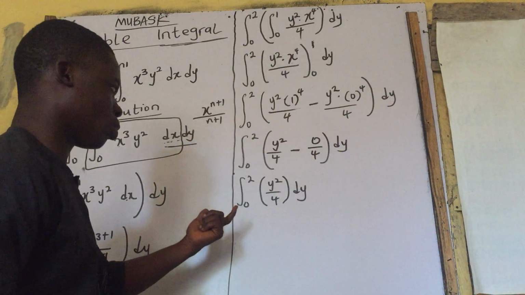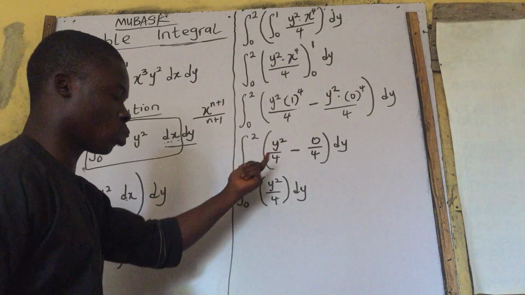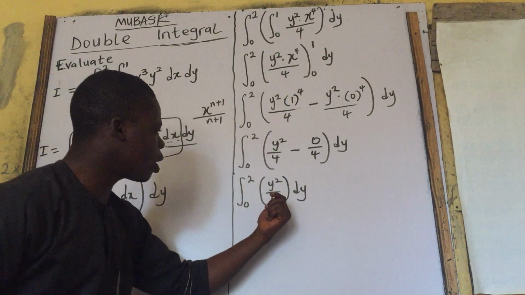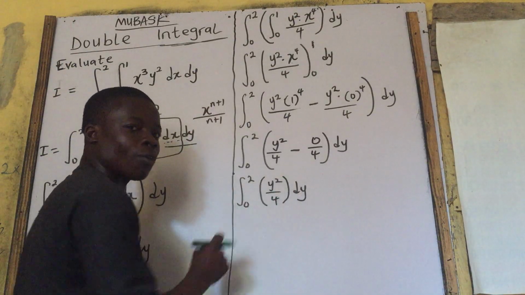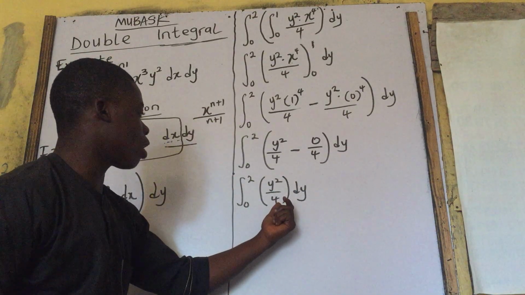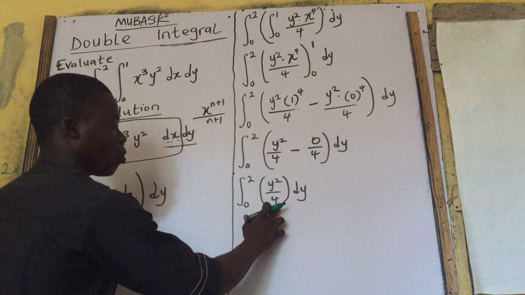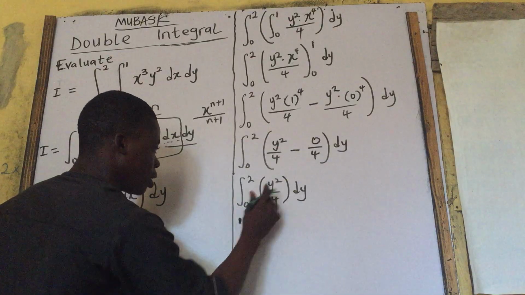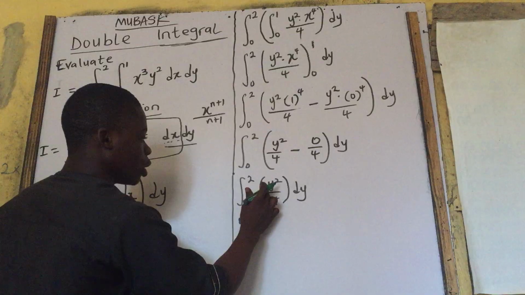Now you can see that what we have derived is one integral. We also have to integrate this, but these have become a fraction. We have to factorize the constant, which is 4. By factorizing the constant, the coefficient of y squared is 1.